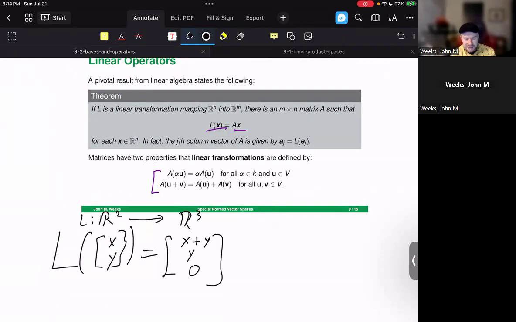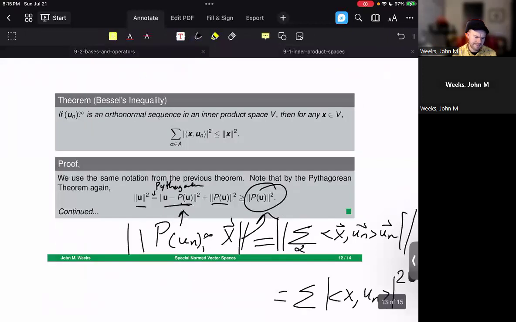Then this is an example of a linear transformation. One can go through and check that these two equalities are indeed true: that you can take out scalars, so alpha times the vector (x, y) gives alpha times the vector you get from calculating the linear transformation. You can also check that the addition of two vectors can be handled in a similar way.